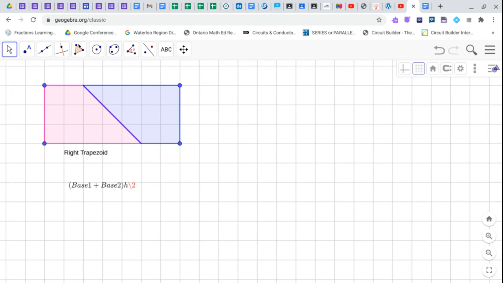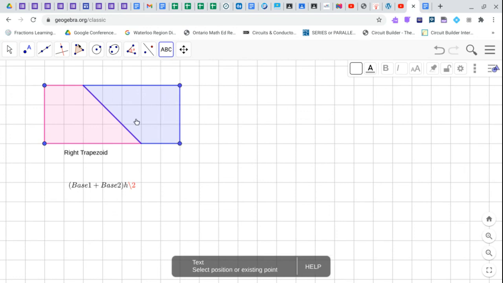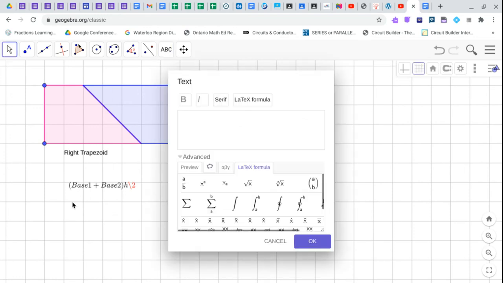So let's see if we use this formula, if we get an area of 21 for the rectangle, and then let's see if we cut that in half, if we'll get 10.5 for each trapezoid. So I'm going to find an additional text box right here. I'm going to throw it under here. And I'm just going to kind of keep it a little simpler, I think.